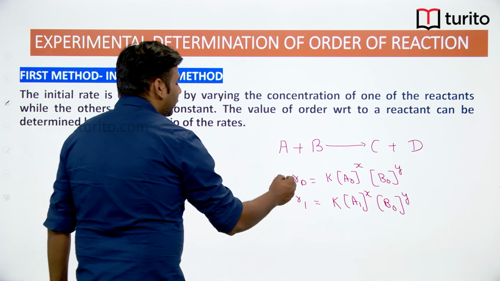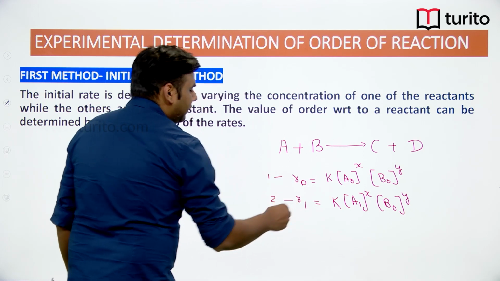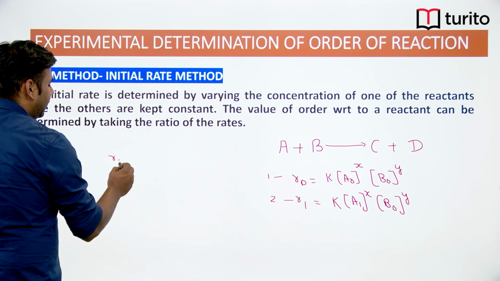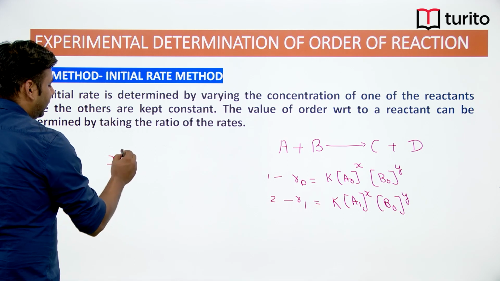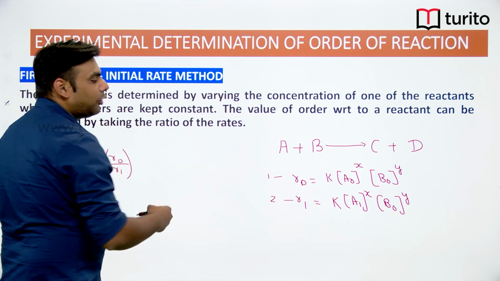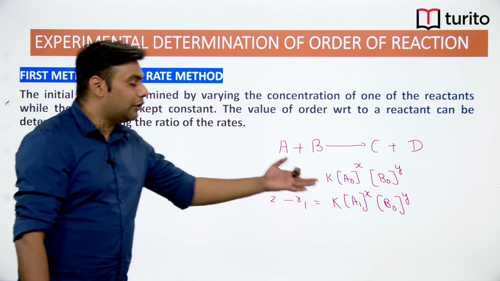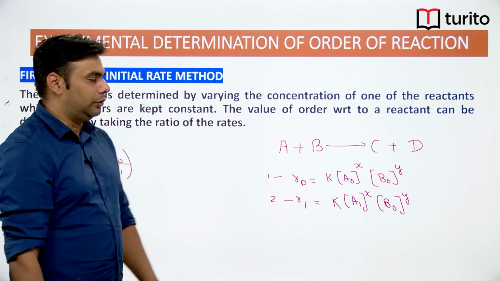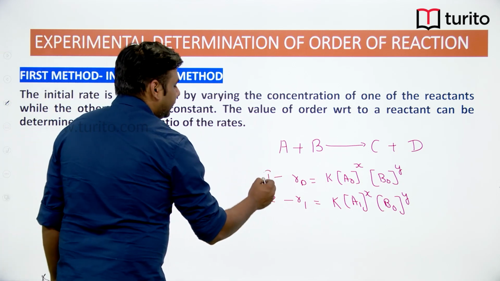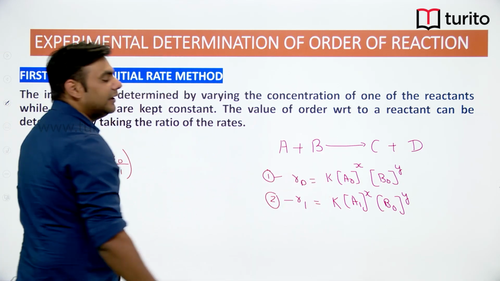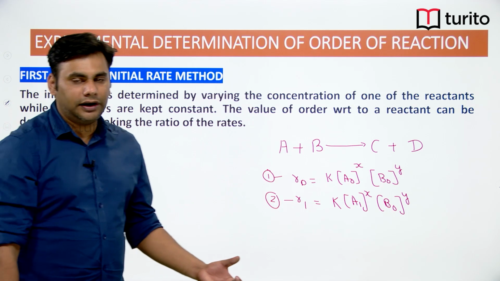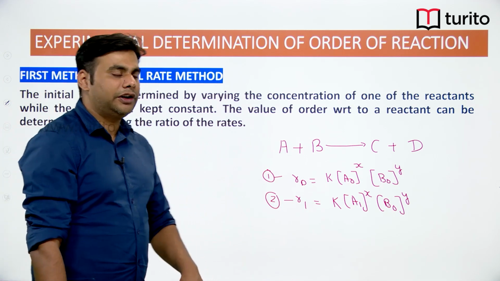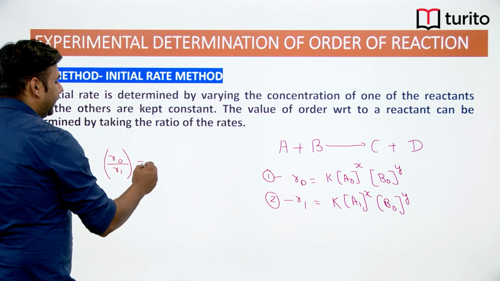Now if we divide equations 1 and 2, we get R naught upon R1, that is the initial rate upon the new rate when we change the concentration of A to A1, keeping the concentration of B as B naught only. Because it is the same reaction, the rate constant is a constant, since it changes only with change in temperature, so it gets cancelled out.